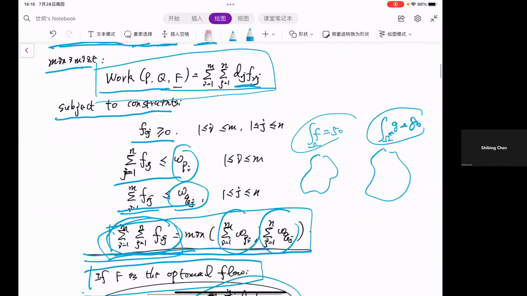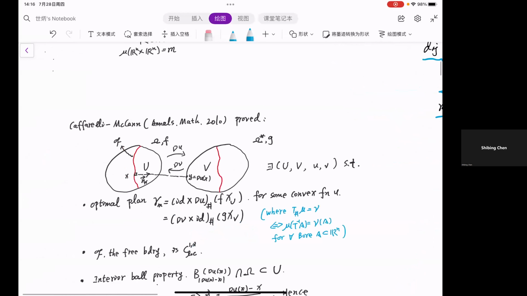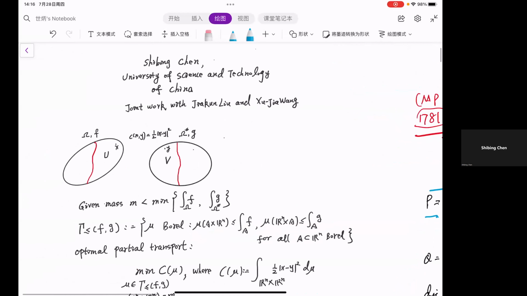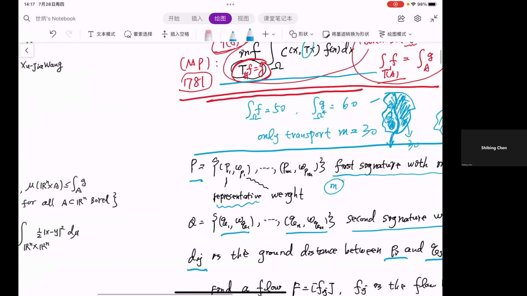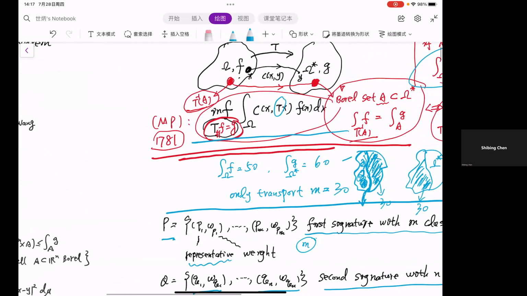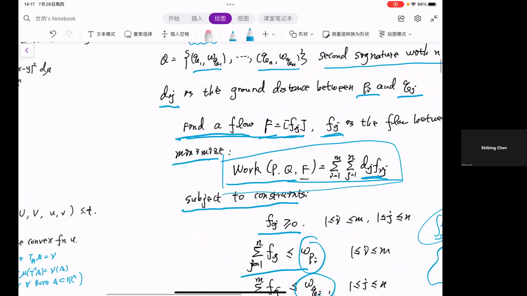But what I will talk about in the following is a continuous model. So I will start from here. Also, let me say something a little bit more. For example, in the Earth mover's distance, the cost function is the cost function dij.